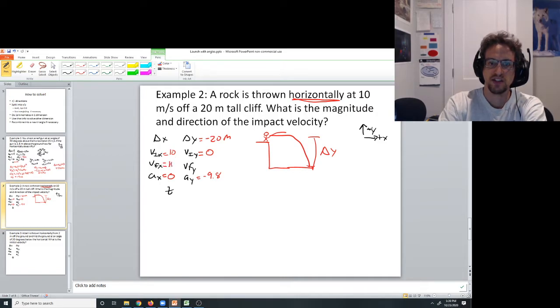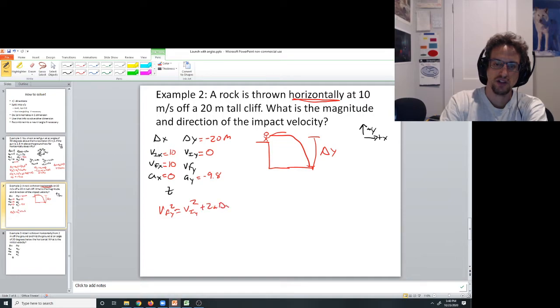V final x is easy. Acceleration 0, v initial and v final are the same. V final y I can find with v final y squared equals v initial y squared plus 2a change, or 2 a y change in y. Okay. So I've got v final y squared equals 0 plus 2 times negative 9.8 times negative 20.